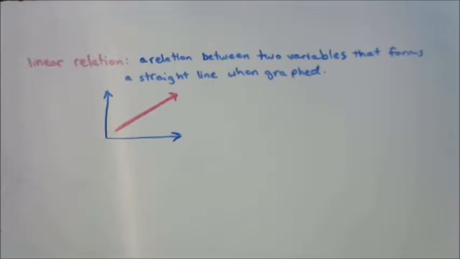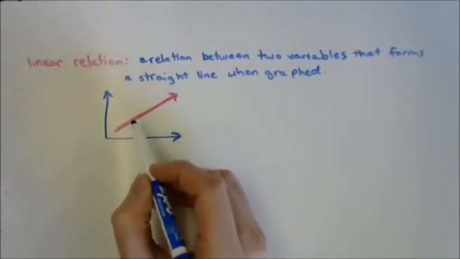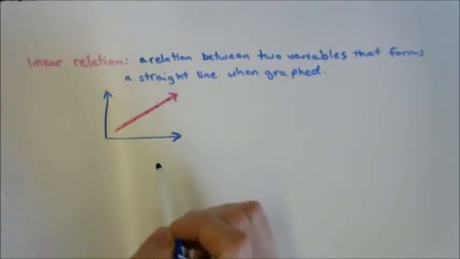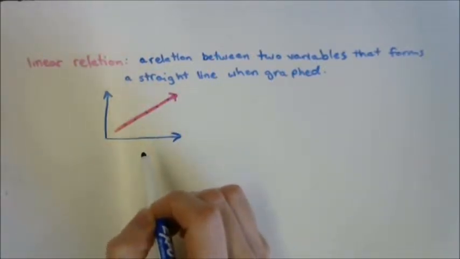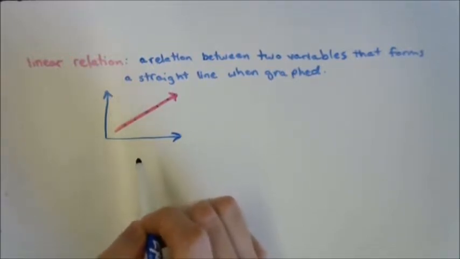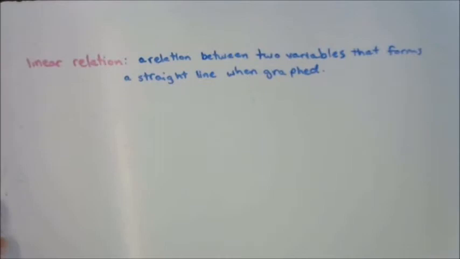Now when we're graphing real data and scatter plots and things like that, you really never get a perfectly straight line. You never get dots that all line up exactly, okay? But we can represent that data with a straight line, called a line of best fit, which we get into next. So first things first, a linear relation, a relation between two variables that forms a straight line when graphed.